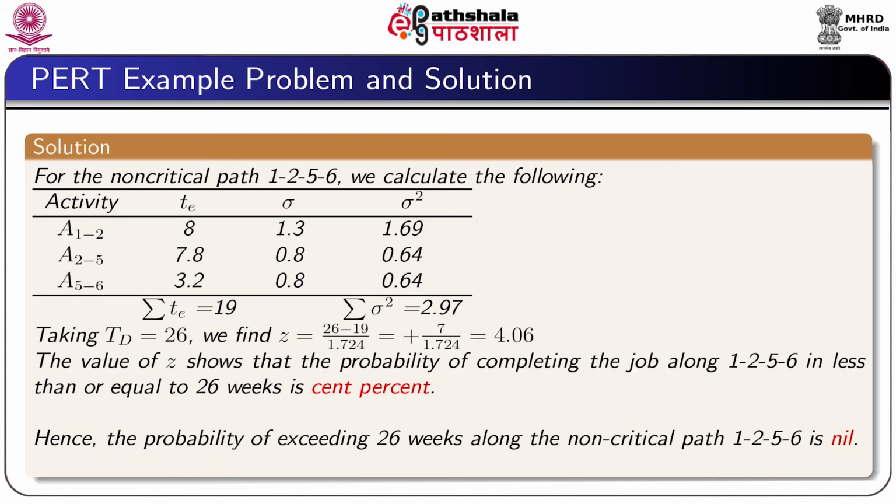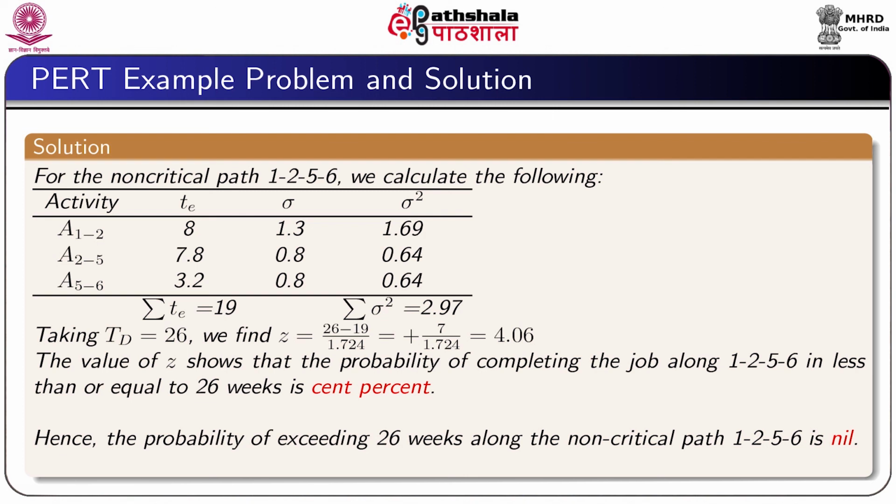Now, for the non-critical path 1, 2, 5, 6, we find Z is equal to 4.06. This shows that the probability of completing the project along the non-critical path 1, 2, 5, 6 in less than or equal to 26 weeks is 10%.